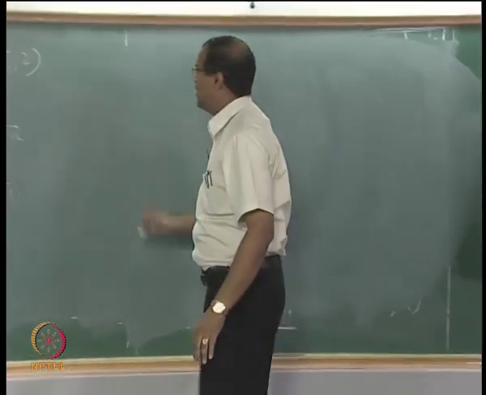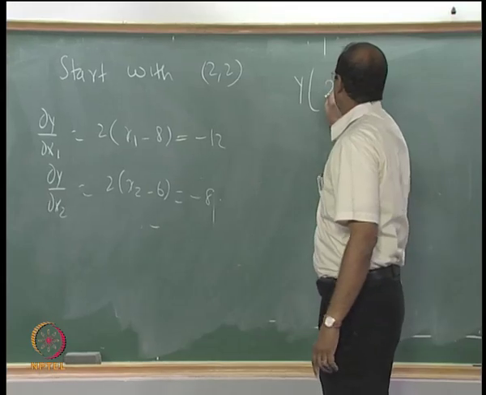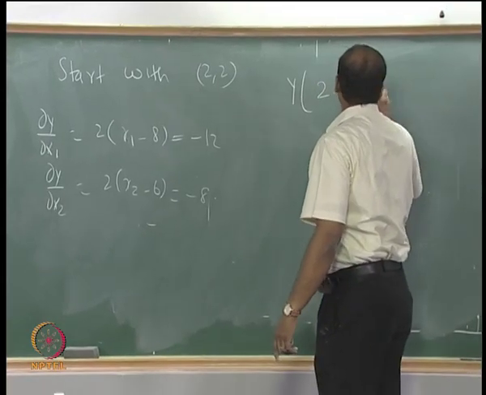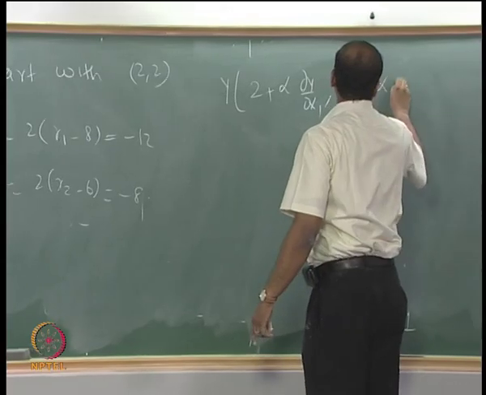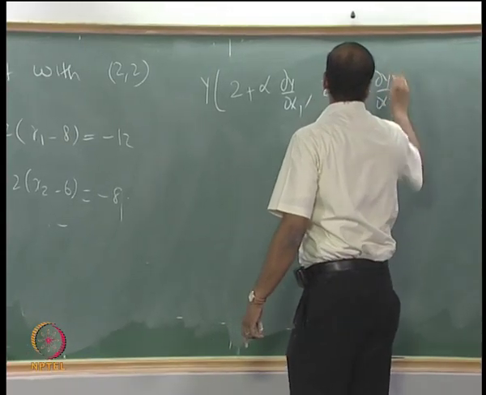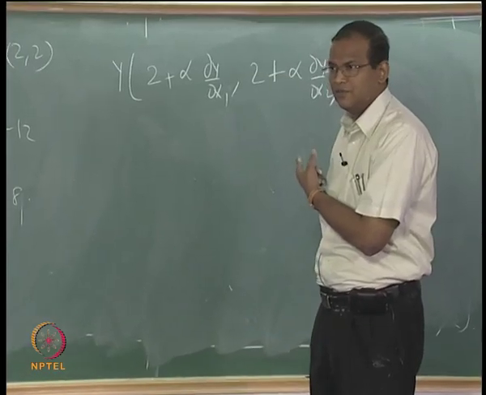Now we have to calculate y at the new points, 2 minus alpha, 2 plus alpha, correct. We have to calculate the y and optimize, fine.